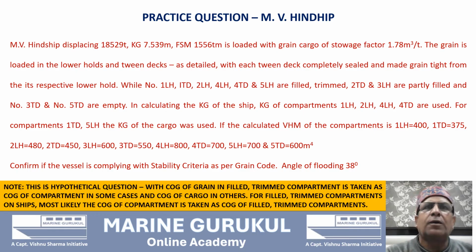What we have done here is, in some filled compartments trimmed, the center of gravity of the space is taken. In the others, the center of gravity of the cargo is taken, just to clear the concept. So it's a hypothetical question. This will not be the situation on board. On board, for filled trimmed compartments, for all the compartments, it will be either the centroid of the space or the center of gravity of the cargo.